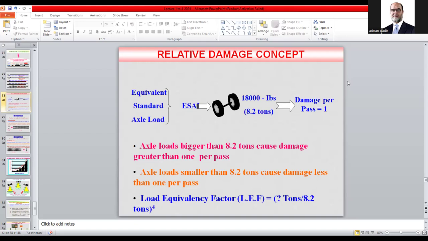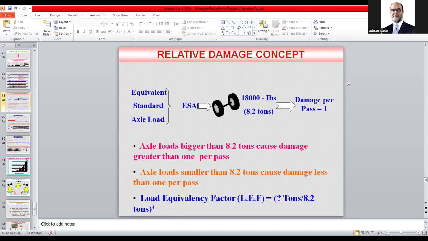The model is not very simple. It's not just comparing a single axle load with the equivalent single axle load, but the effect grows exponentially. The H2 method of pavement design, the classical method, takes this power as something between 3.8 to 4.2, but on average it is 4.0.